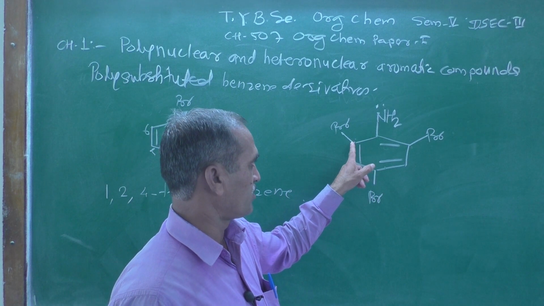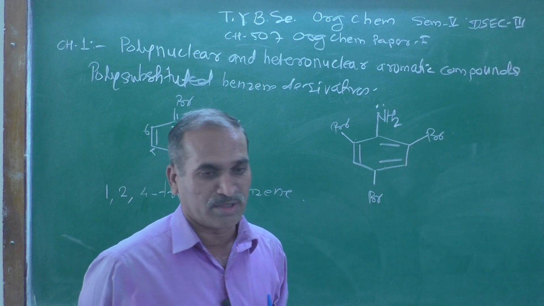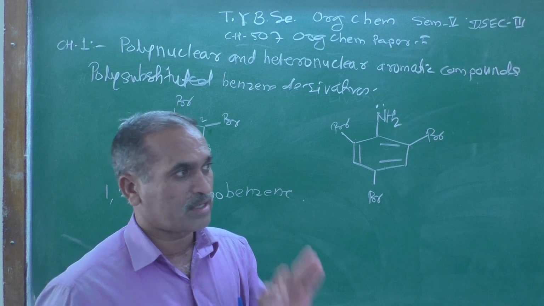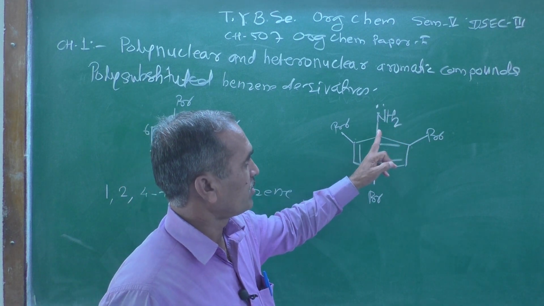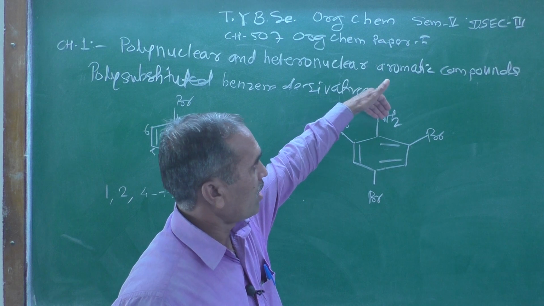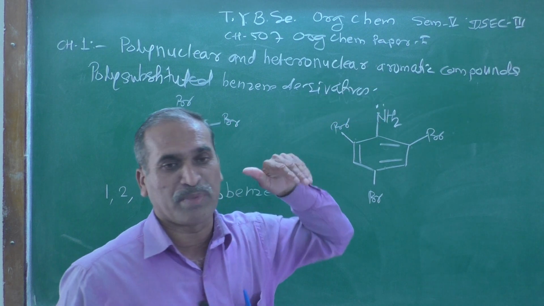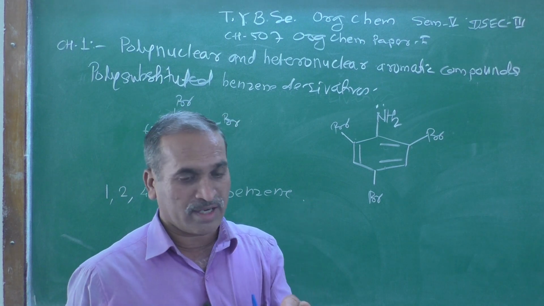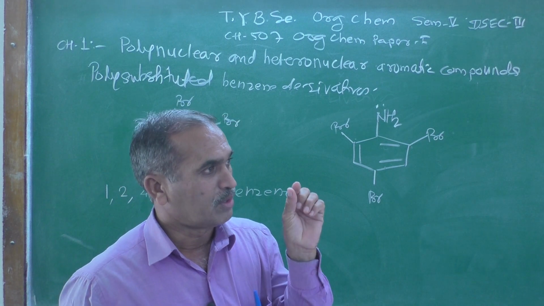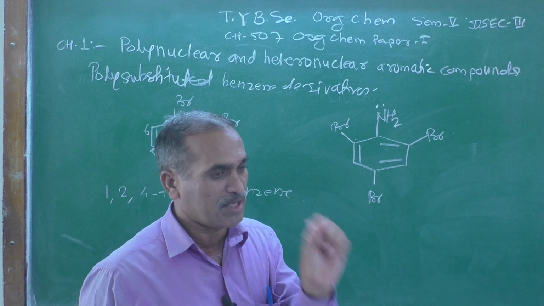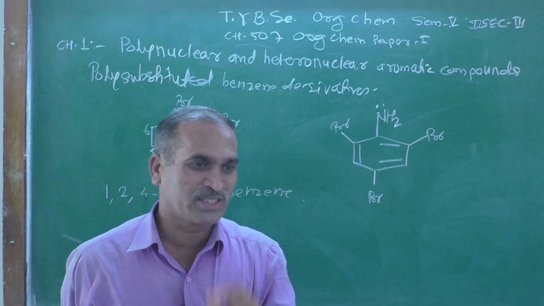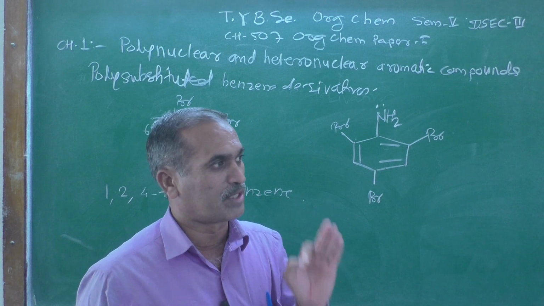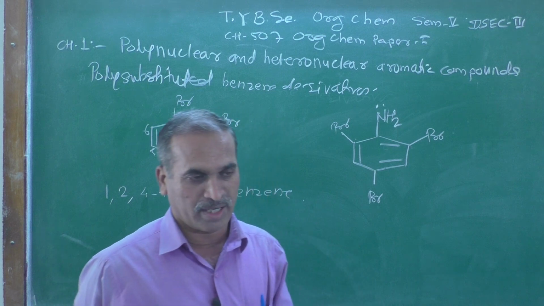You can only start the numbering from the carbon where the amino group is attached to the benzene ring. That amino group is the main substituent, and therefore numbering should start from that carbon atom.